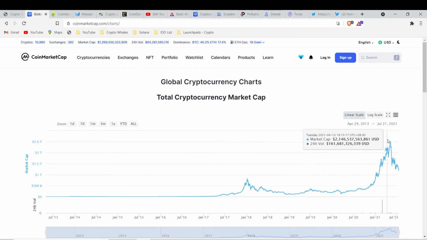But now fast forward to today, let's say earlier this year, the highest peak was almost 2.5 trillion dollars. So it's grown exponentially.